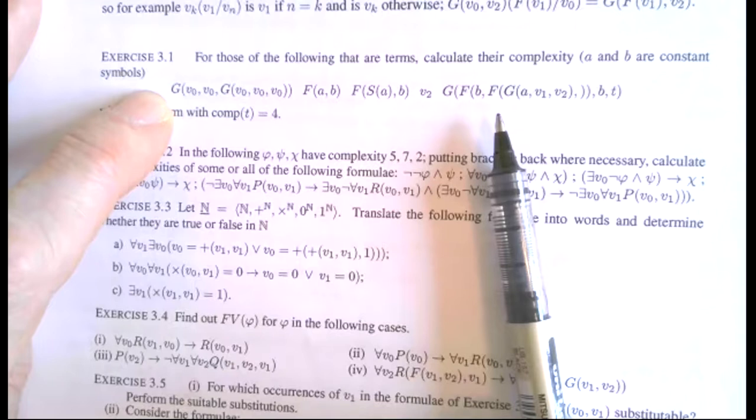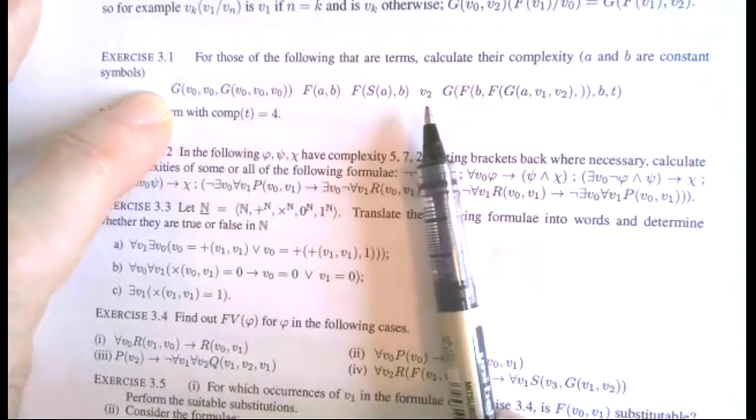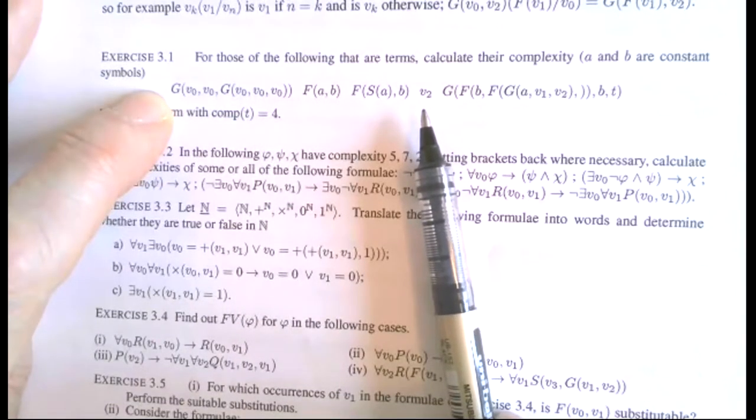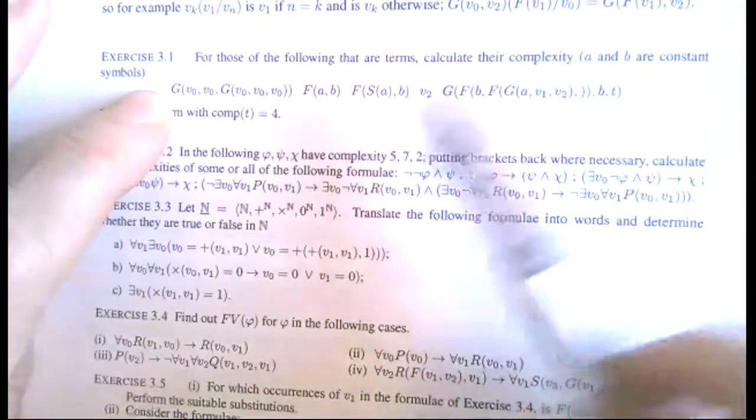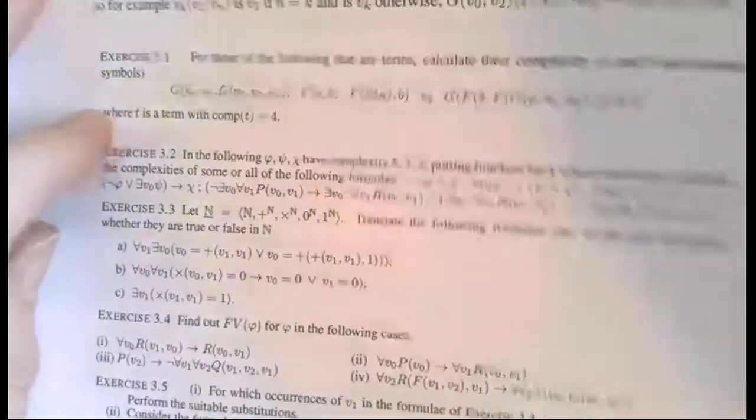So you just look back and see what the definition of the complexity is, right, here. So a complexity of a variable, I probably said it had complexity 0.